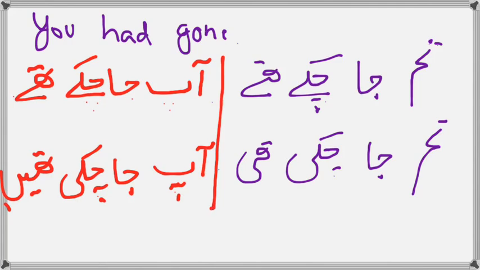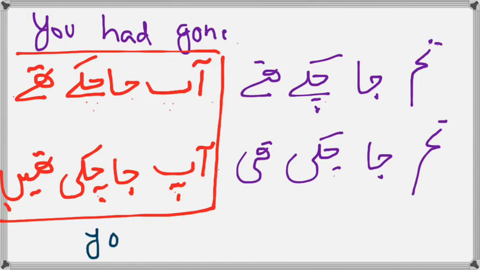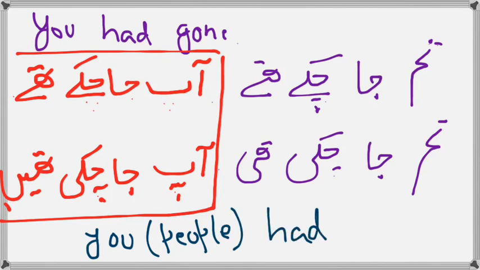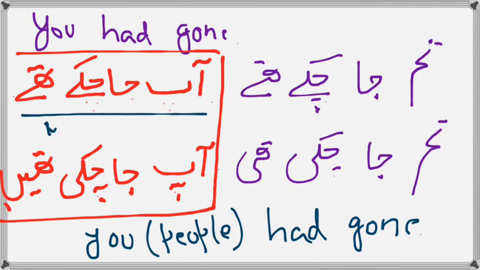Now these two sentences are also used when we are talking to a group of people. For example, you people had gone. आप जा चुके थे is used for a male group of people and mixed, if we are talking to a male plus female group.